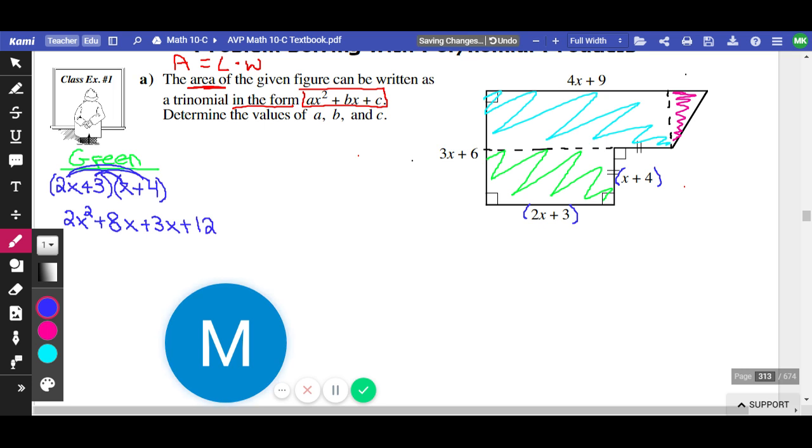My last step is going to be to combine my like terms. That means the area of the green side would be 2x squared plus 11x plus 12. That's the area of the green shaded region down here.